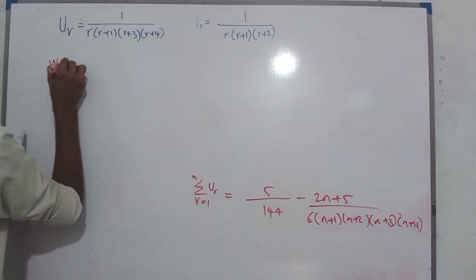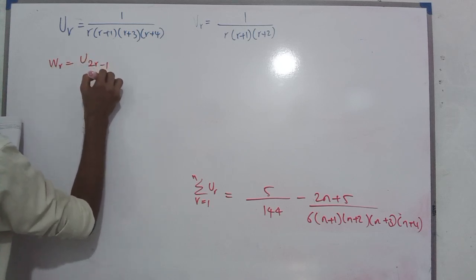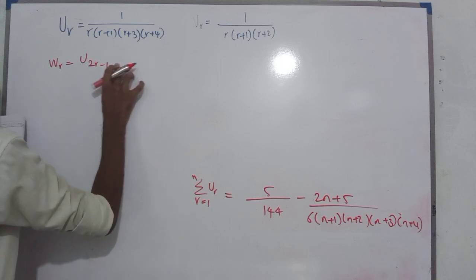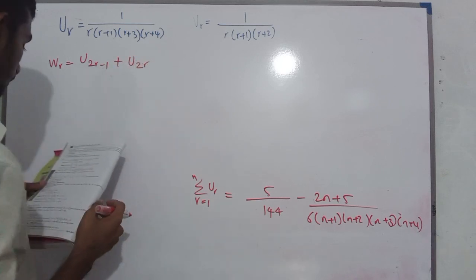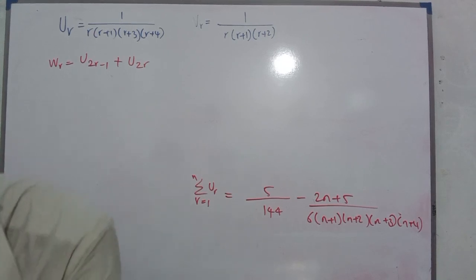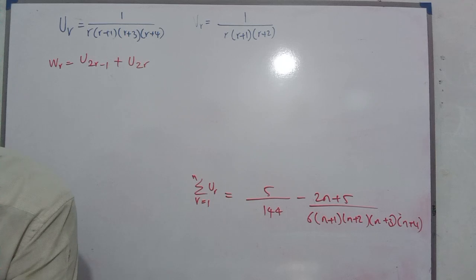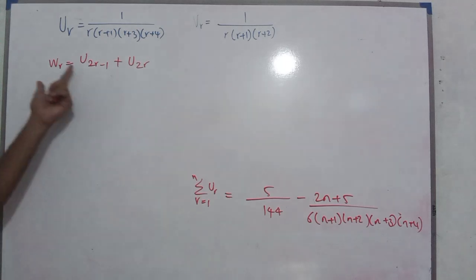Now let w_r be equal to u_(2r minus 1) plus u_2r. Deduce that the summation of w_r is equal to an expression. Now from this we have to deduce this one.